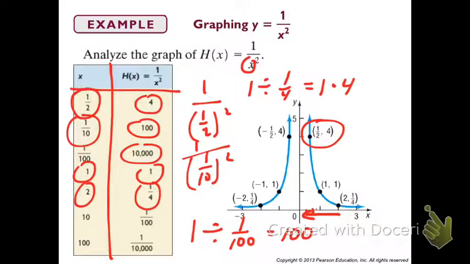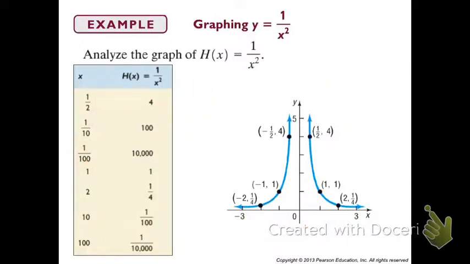So the y values are actually getting smaller as x is getting bigger, and that's why the right side of the graph looks the way it does. So in the first quadrant, the right side of the y-axis, the graph looks like that, because as x gets bigger in the positive direction, the y values get smaller, and as x gets smaller from the positive side, the y values get bigger.